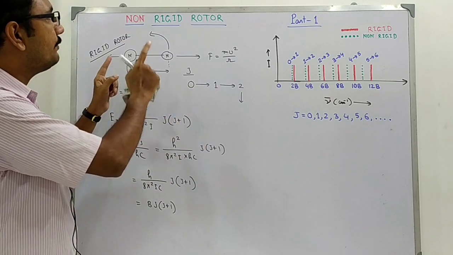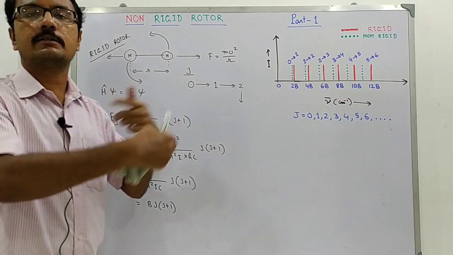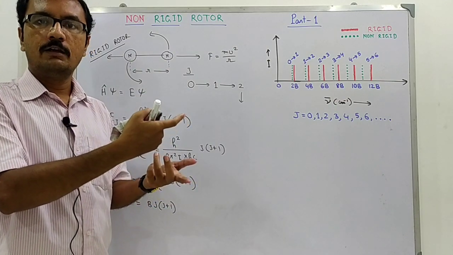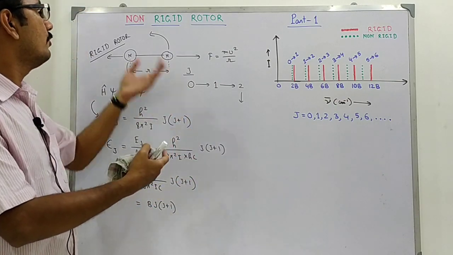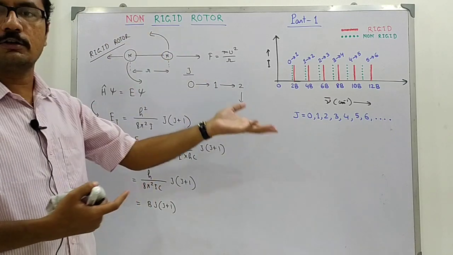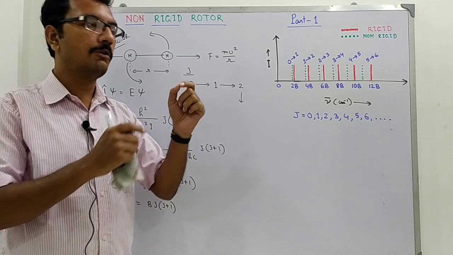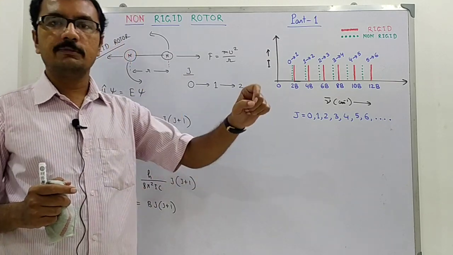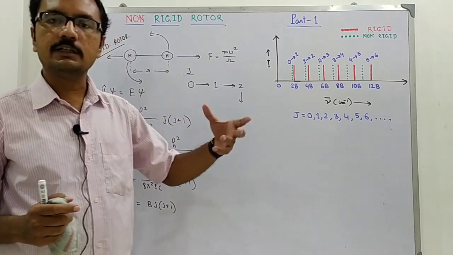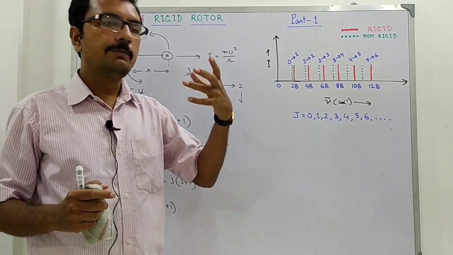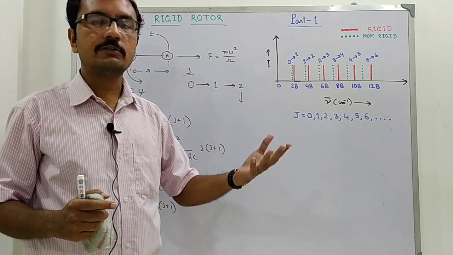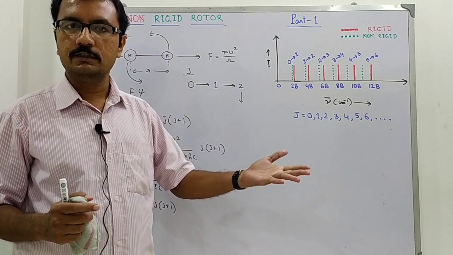The basic part of a rotor is that it rotates. We may come to the non-rigid or the rigid part later on. The basic part of a gas is that the molecules move randomly and collide with each other. They move in random directions with random velocities ranging from 0 to infinity.